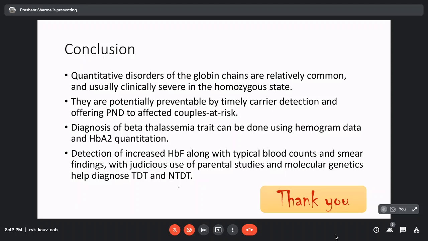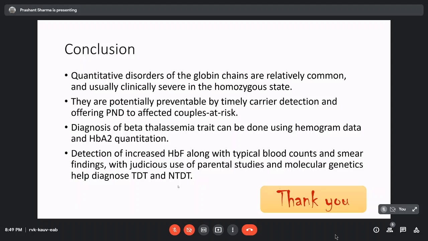There's a multiplex PCR for alpha, which I'll talk about next time, and you can screen for 8 deletions in one go. You can again multiplex the triplications and look for the 3.7 and 4.2 kilobase pair deletions in one PCR. Till here it's reasonably quick and cost effective, because the endpoint PCRs are not so expensive.